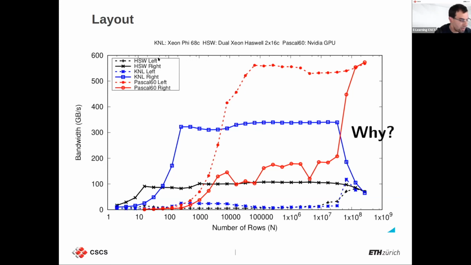The black lines are a simulation on Haswell using the two layouts. It is the same code: in one case you use the left layout, and the solid line is the right layout. The same was done on Pascal 60, so with the GPU.